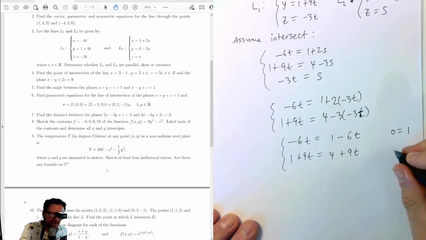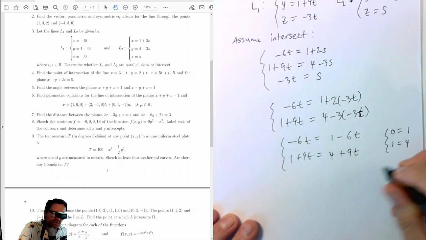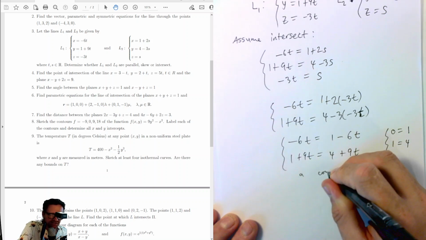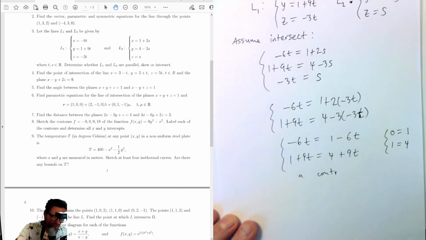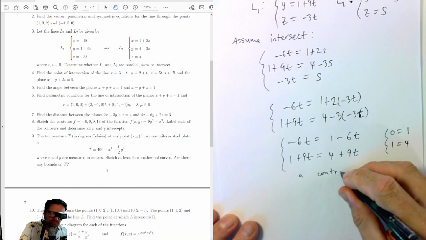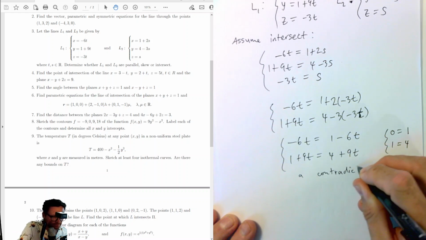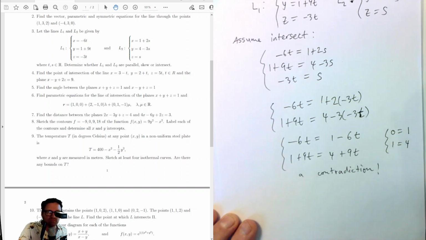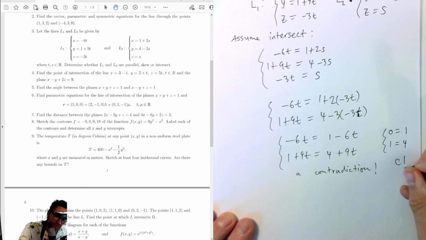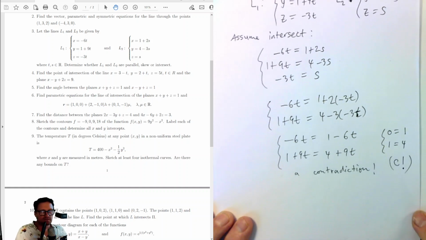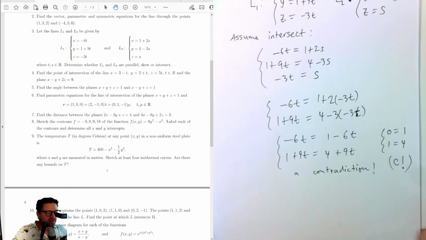And this one says that 1 is equal to 4. That is a contradiction, right? Because 0 and 1 are not equal, 1 and 4 are not equal. Sometimes we just put a C exclamation to say that this is a contradiction.